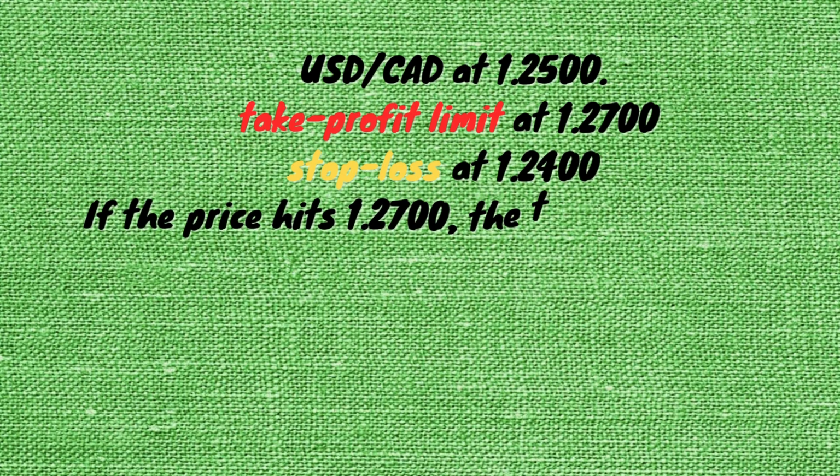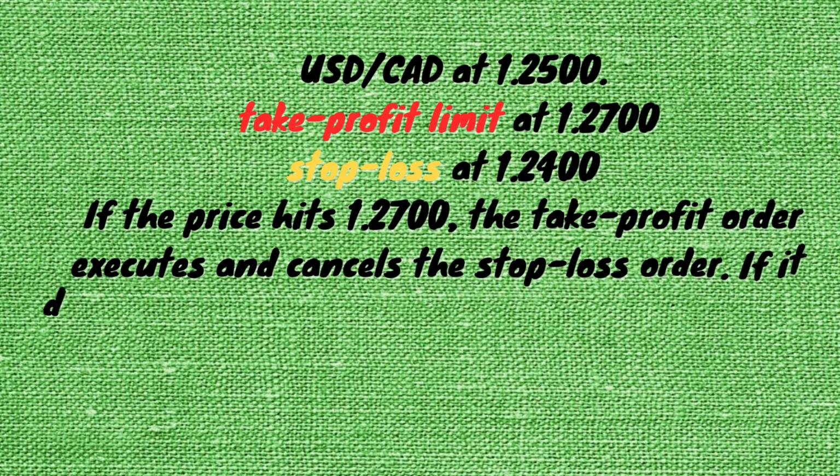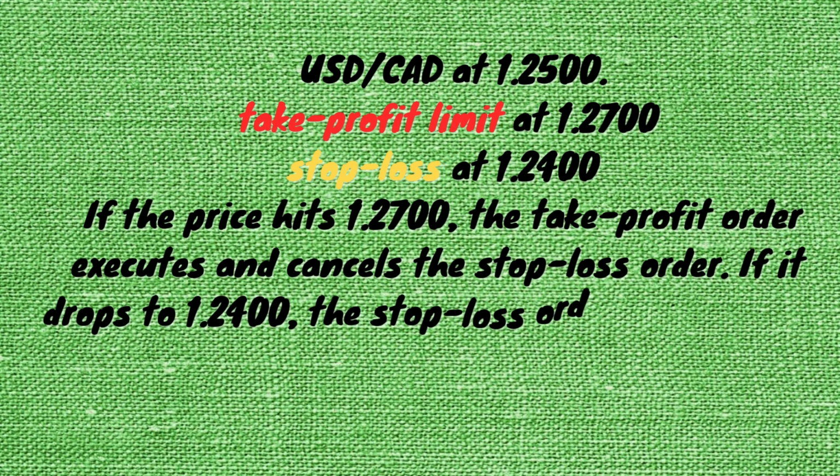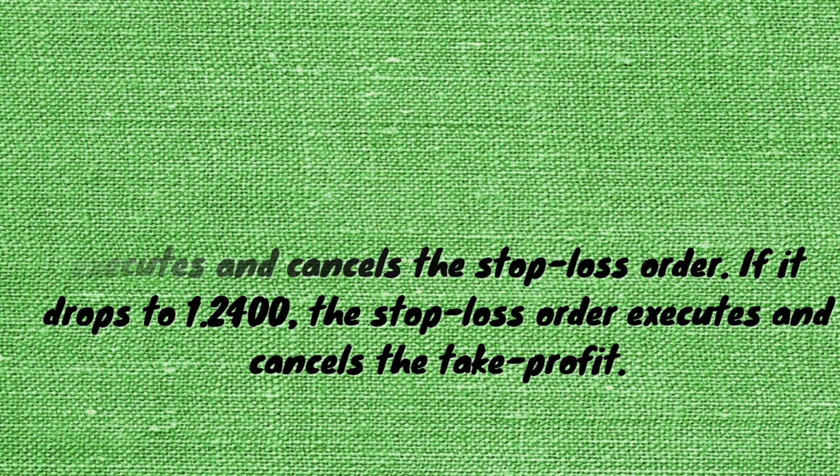You place an OCO order with a take profit limit at 1.2700 and a stop loss at 1.2400. If the price hits 1.2700, the take profit executes and cancels the stop loss order. If it drops to 1.2400, the stop loss order executes and cancels the take profit.